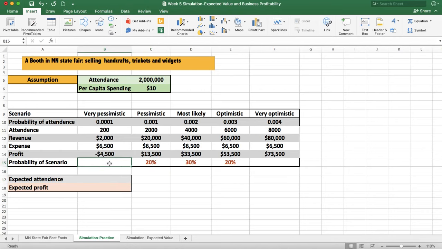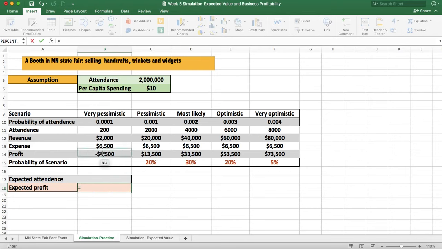And this very pessimistic 5%. And very optimistic 5%. Pay attention. This probability sum shall be 100%. And we are going to calculate expected profit.